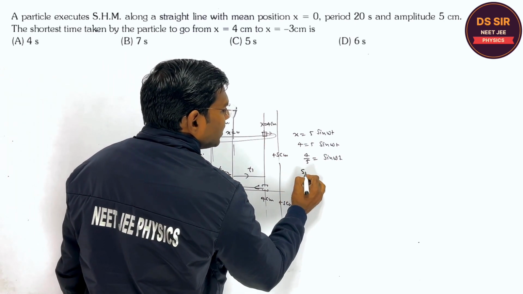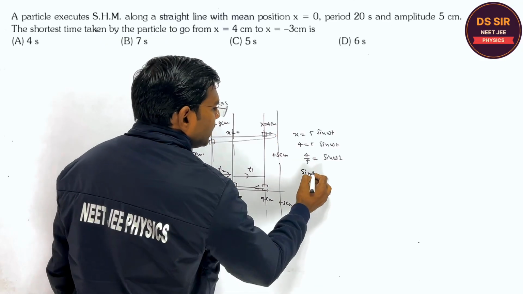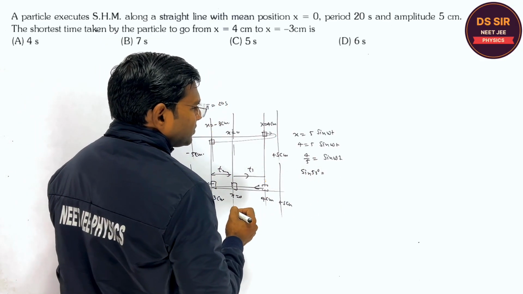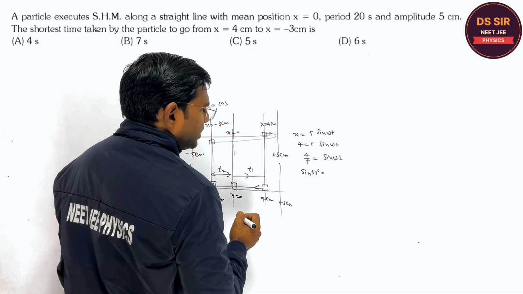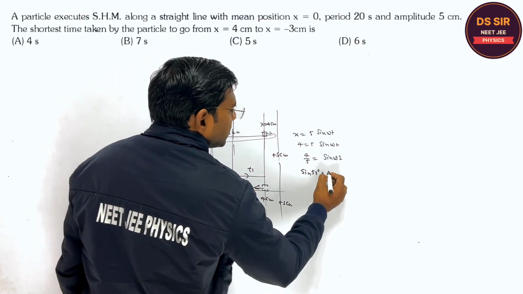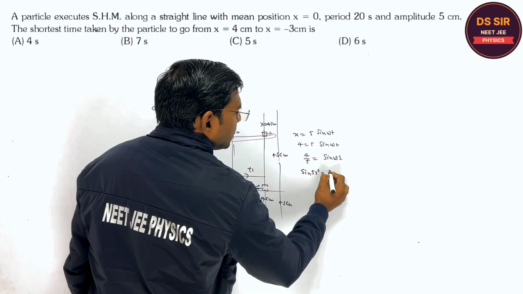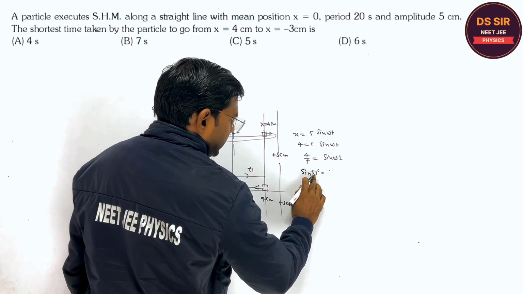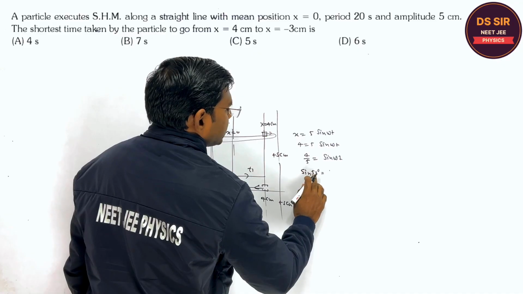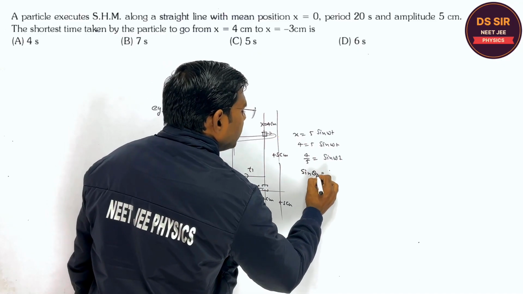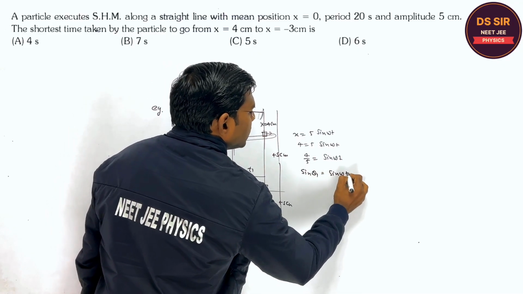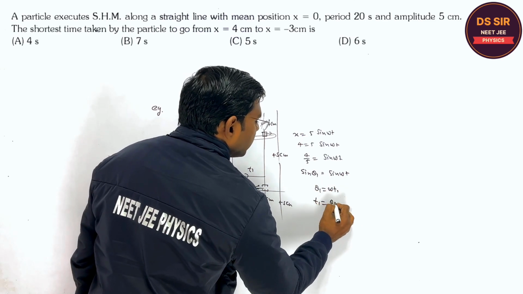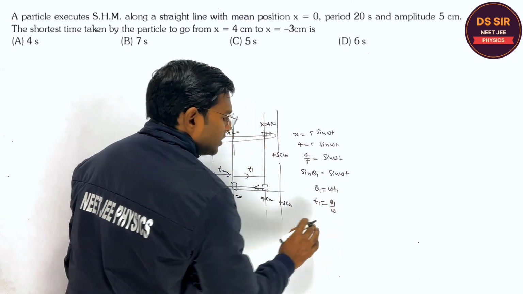What is 4 by 5? It is sine 53. Yes, it is sine 53. So can I write this as theta 1 is equal to omega t1, so t1 is theta 1 upon omega?